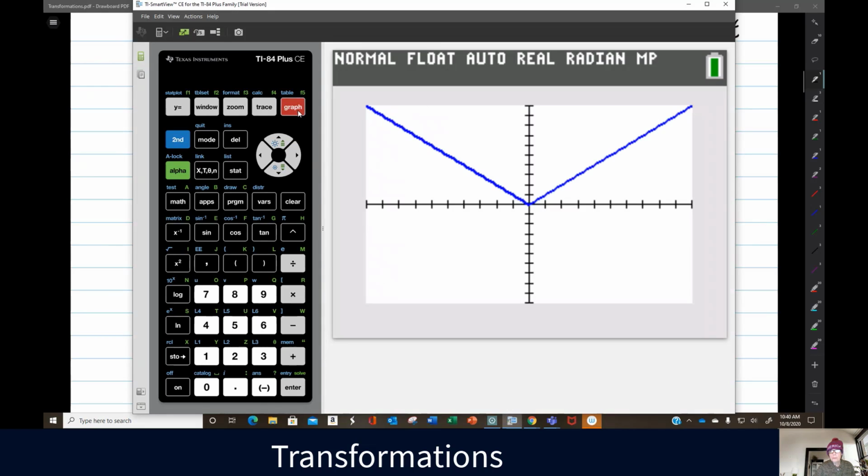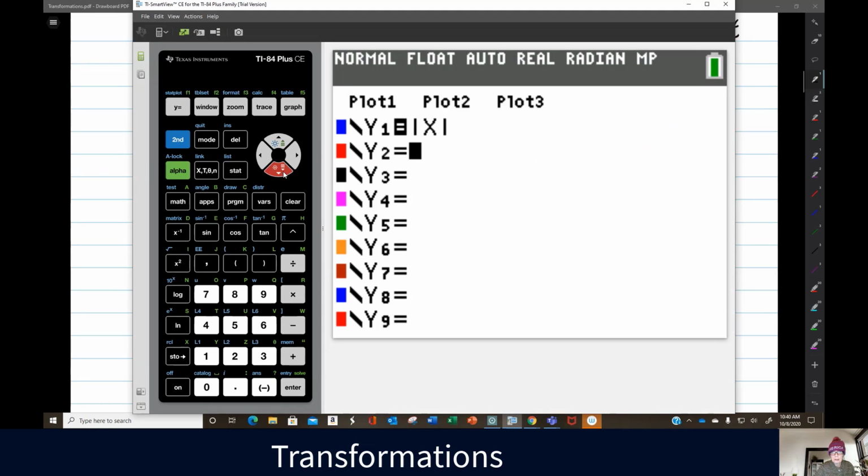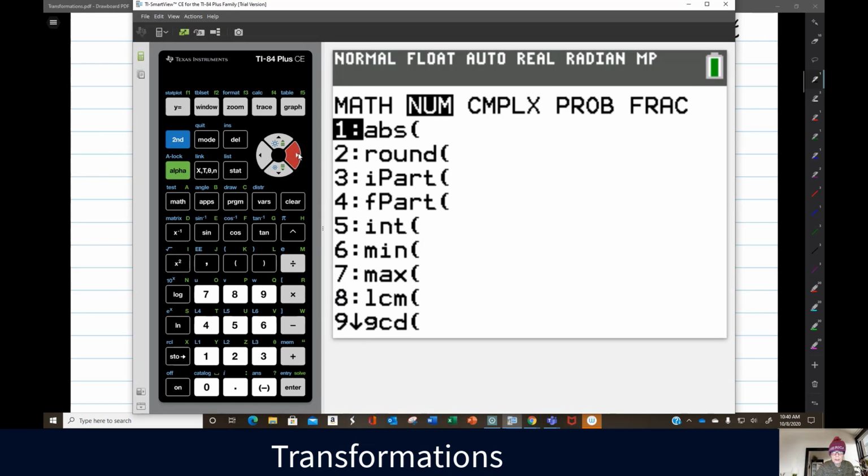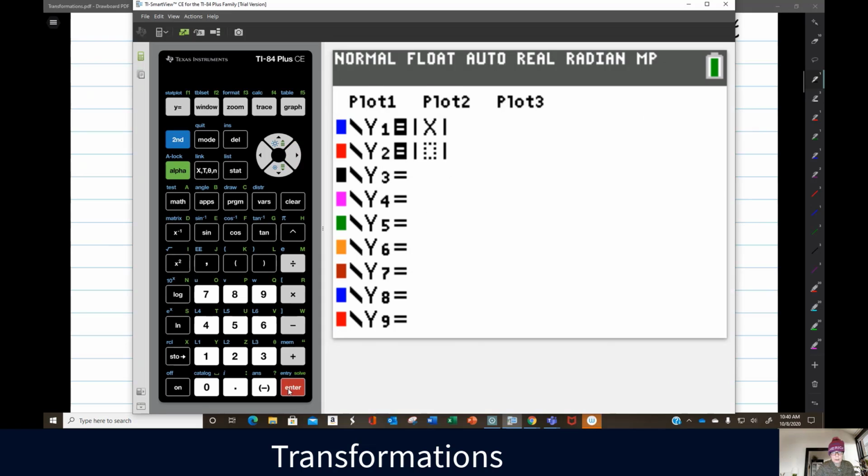Here we are in the home position. I want to move it up 5. Go down to Y2, again, math, right arrow key, enter. X. Now I have to move to the right outside the absolute value bars, or I have to make sure I've closed my parentheses.